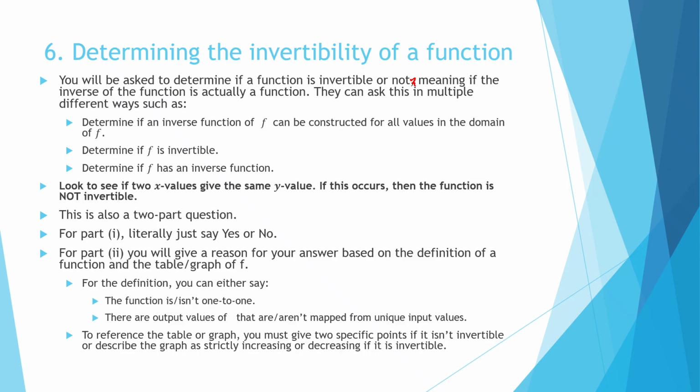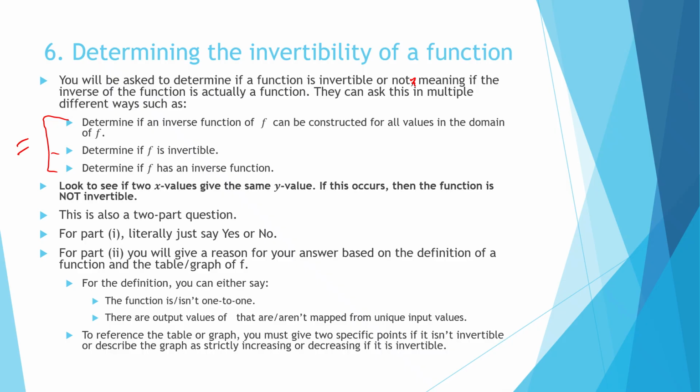And there's 3 different ways that they can ask this, or anything similar to this: determine if an inverse function can be constructed, if it has an inverse function, if it's invertible. Those 3 things all mean the same, so they're synonymous.